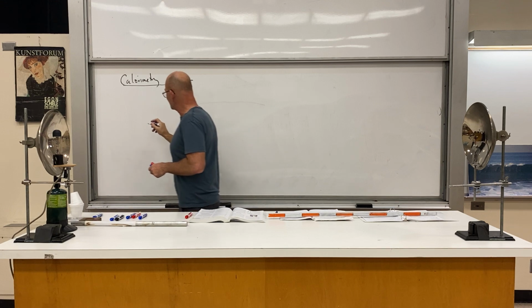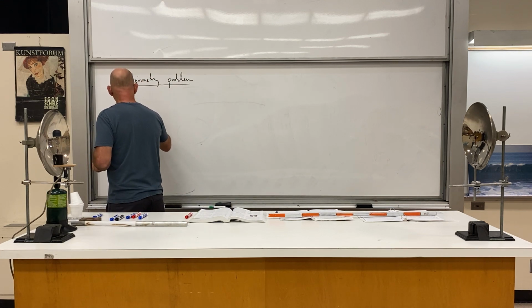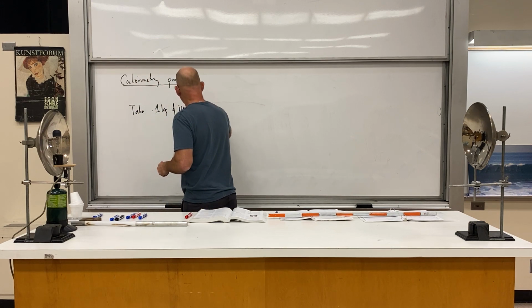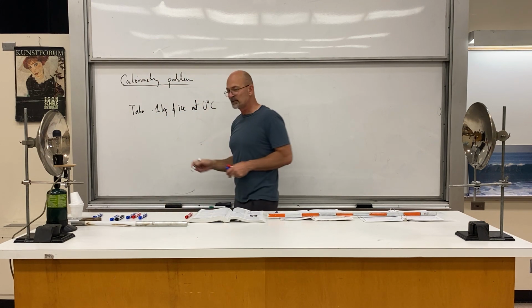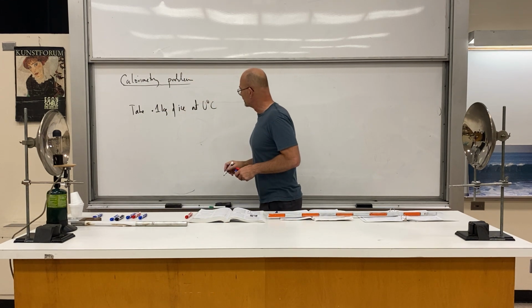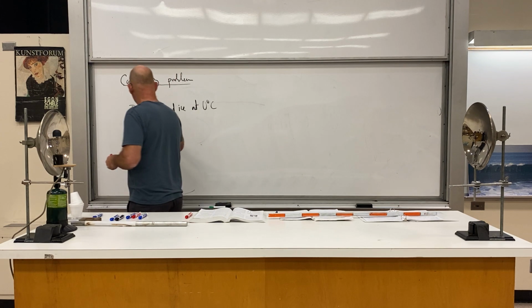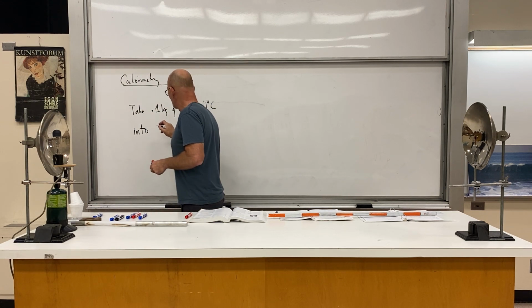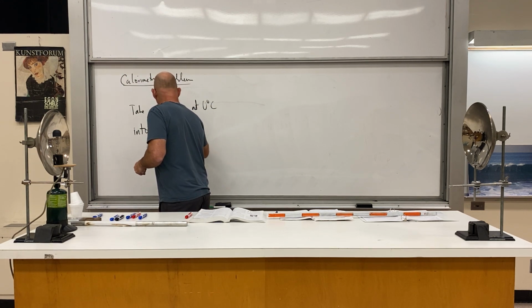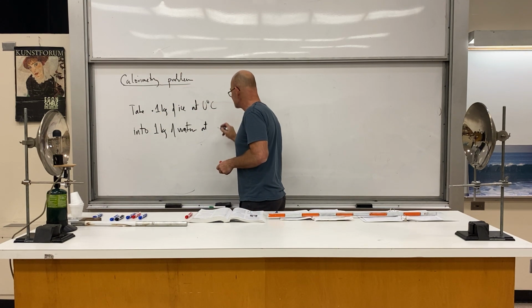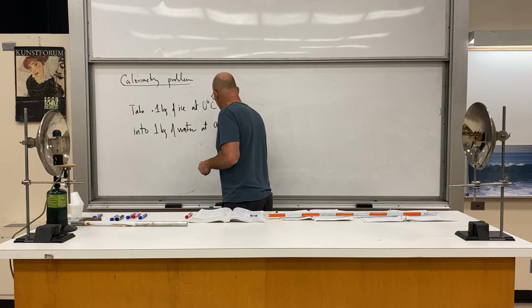So what we're going to do is take 0.1 kilograms of ice at 0 degrees Celsius. We'll keep the problem simple. 1/10 of a kilogram at 0 degrees Celsius. And we're going to put it into 1 kilogram of water at, let's just say, 90 degrees Celsius.